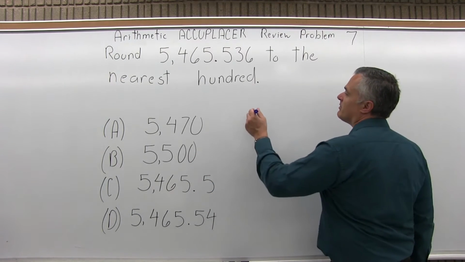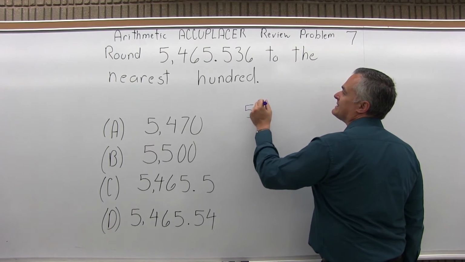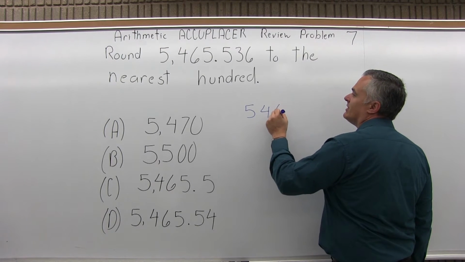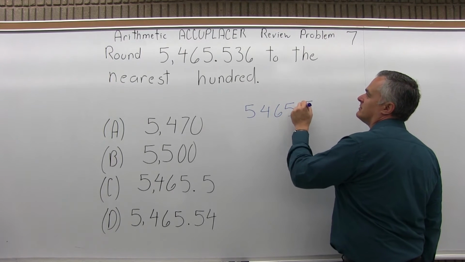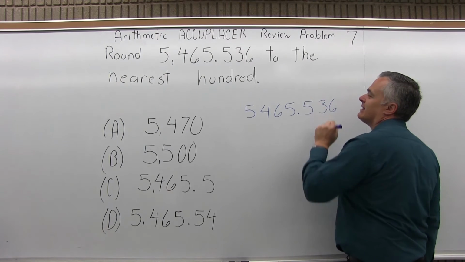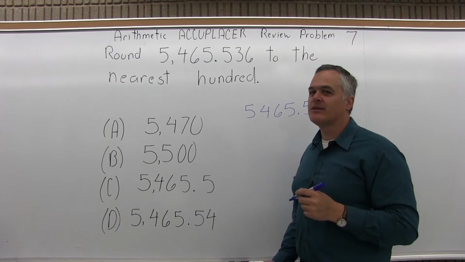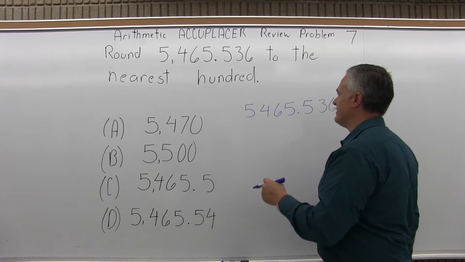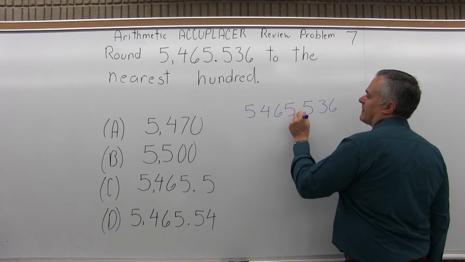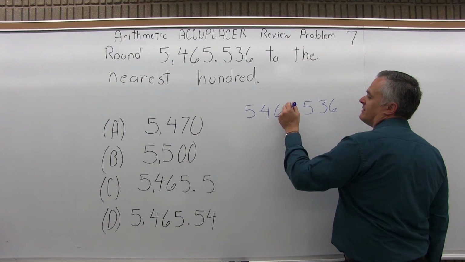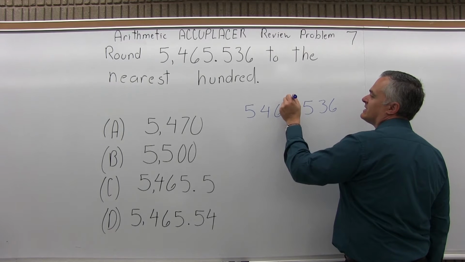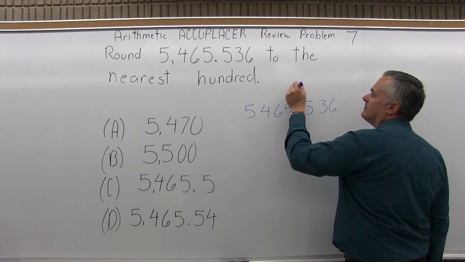So if you remember this, you can just look at it and see the answer, but if you don't remember, what you want to do is label the digits of the number. As I label them, I like to start right at the decimal and work out from each end. As I go to the left, the 5 just to the left of the decimal is the ones position.